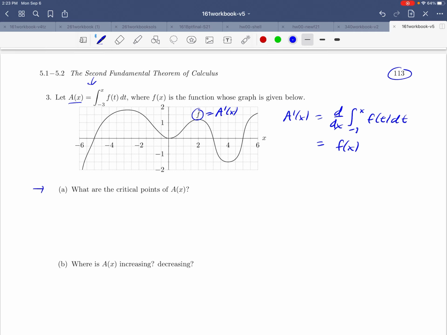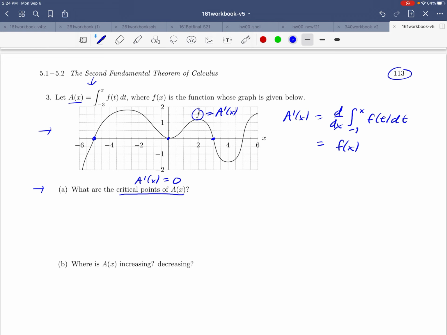Take for example the first question. They ask us, what are the critical points of A of x? And we have to keep in mind they're asking us for the critical points of A and not of f. We might remind ourselves that a critical point is just a place where the derivative of A is equal to 0. So this graph that we're given is the derivative, so we're simply asking, where does it have a y value of 0?